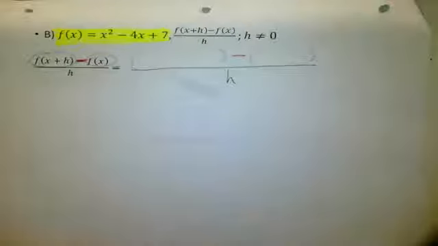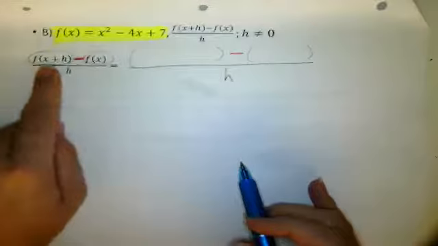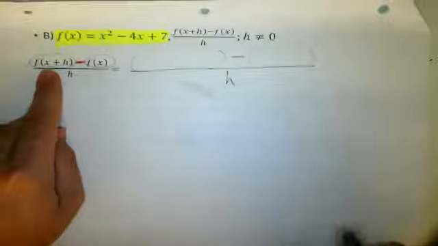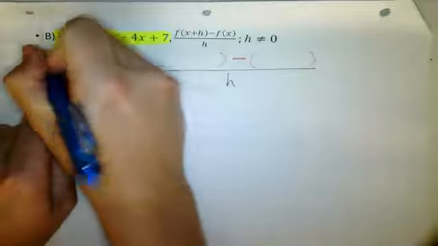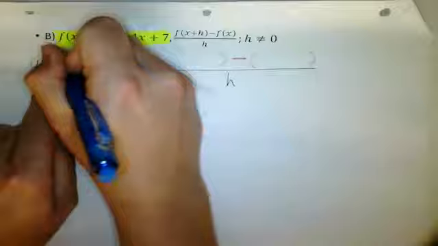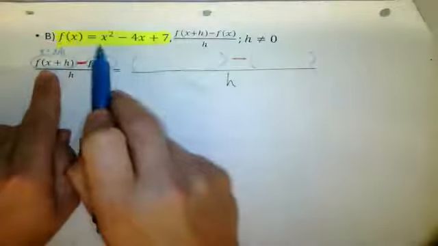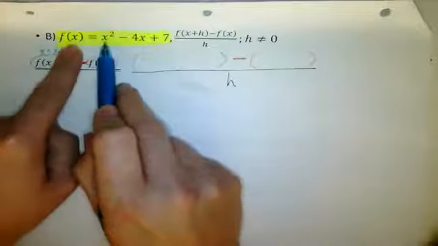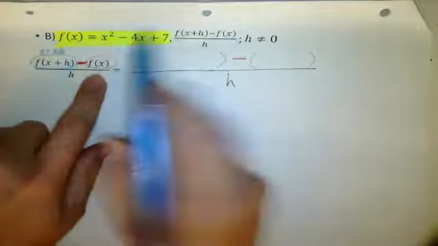All right. So, f of x plus h, what does that tell you to do? Plug it in. Instead of x, what are we using? X plus h. Okay. So go to your f function, and instead of x, we're plugging in x plus h.